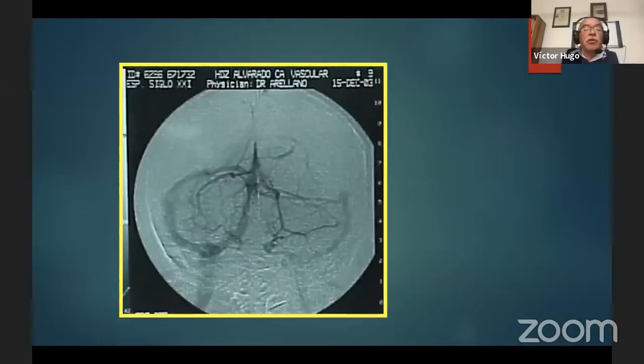In this venous angiogram, we can see variation of the sinuses. So we have a hyperplastic transverse sinus, and also the sigmoid sinus. But we have also an anastomotic sinus that is the occipital sinus.